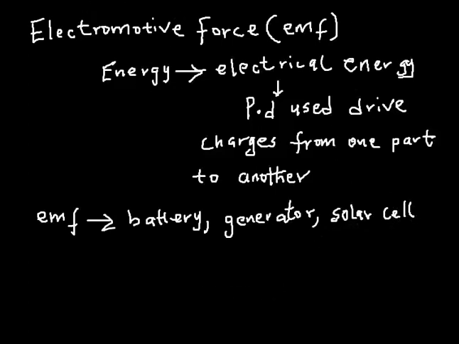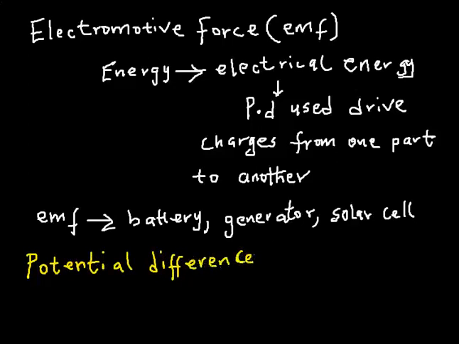Now, how does that differ from potential difference? What's the difference between that and potential difference, PD? Potential difference, which we also call voltage. Potential difference is simply the work done.